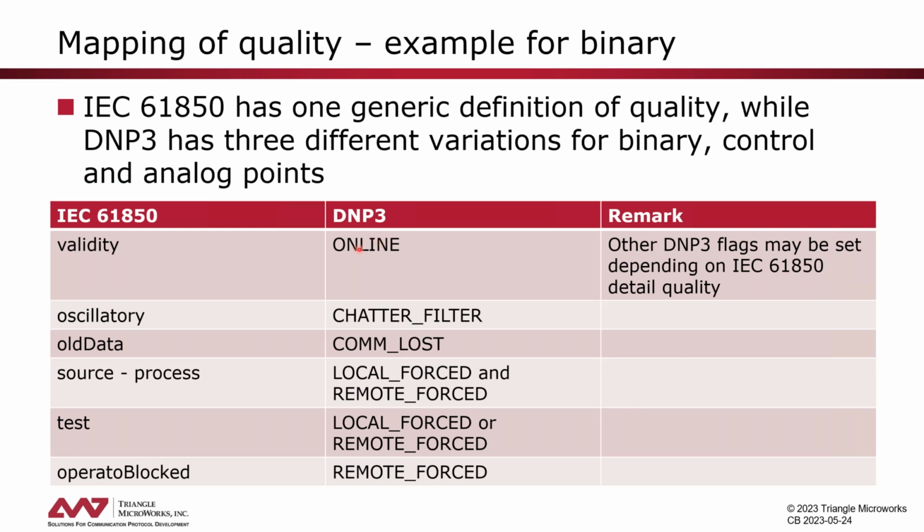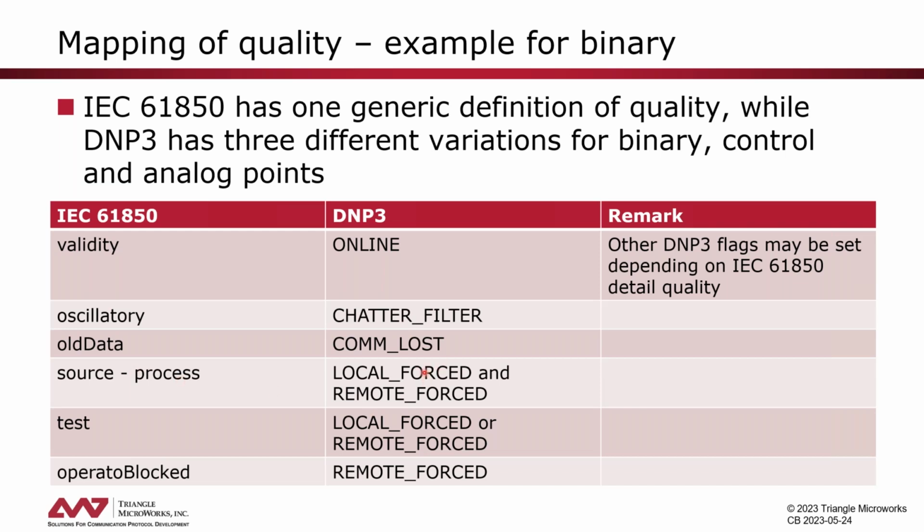And like in 61850, when validity gets invalid, there may be other attributes in the detailed quality set as well in DNP3. So in 61850, some of our attributes that are what we call in the detailed quality, like oscillatory, old data, we also have a corresponding element in DNP3, which will be the chatter filter or communication lost for those. 61850 also supports the possibility of doing substitution, in which case the source, instead of being processed, would be substituted.